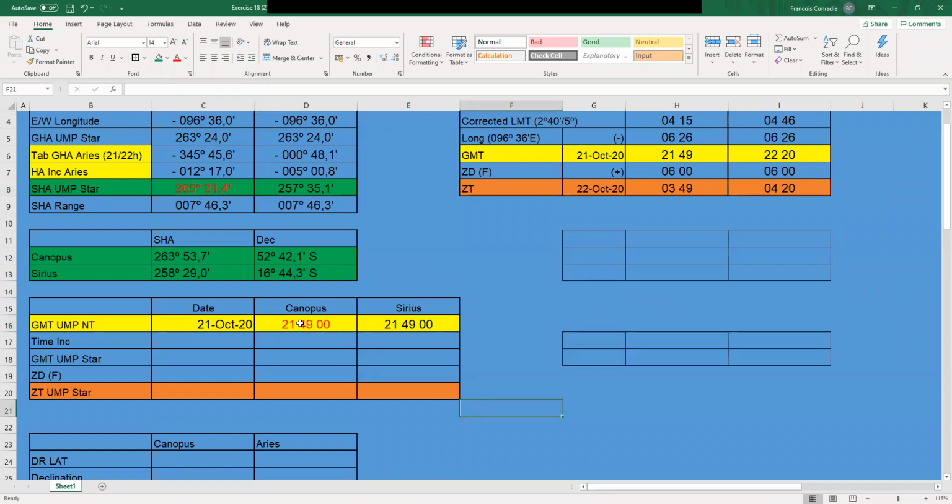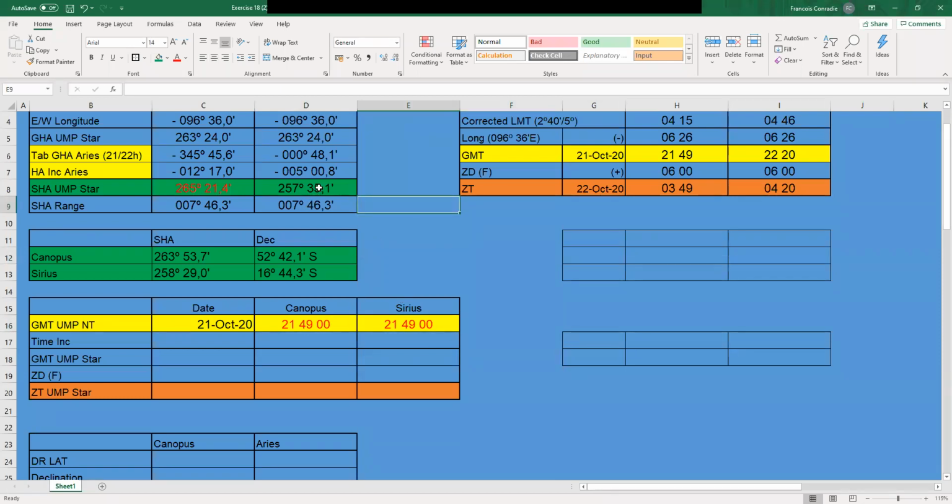So this time is that SHA, and the same for this one. Does everyone see that? This SHA 265°21.4' is Upper Meridian Passage at 21:49. That's our starting time.